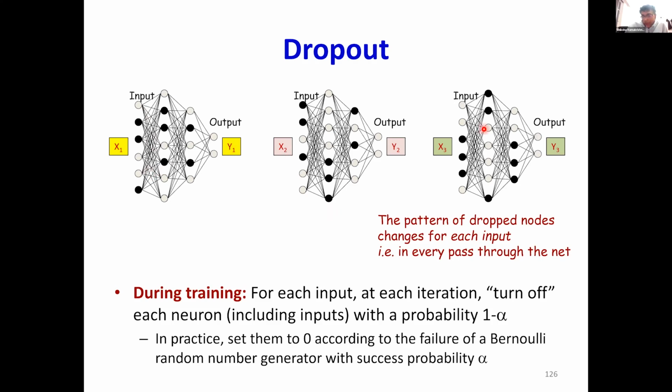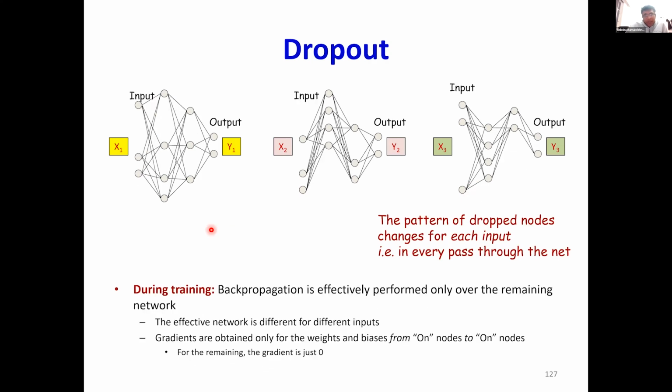And for training instance 3, you'd be doing it all over again, which means that each of the training instances is actually going to be seeing a different network. And because you do it each time, in the next epoch, training instance X1 is going to see a completely different network. So the odds are you will never see the same network twice during your training.